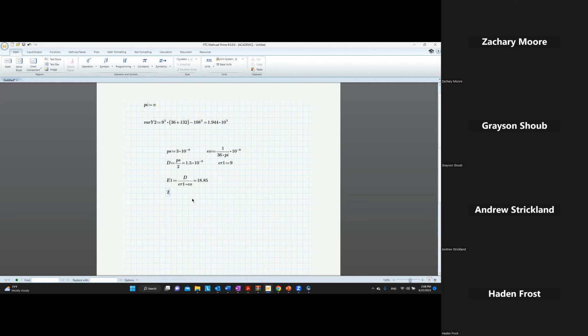If you take 2 times E1, that's what he got for E1. The problem is he didn't account for the fact that he could assume it's a perfect conductor, and then he would be right. He says it exists at the surface y equals 0, usually just a flat plane.